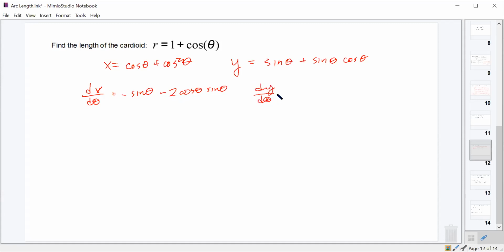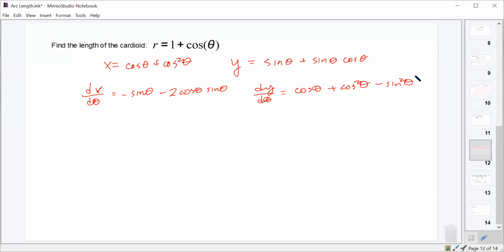Dy d theta gives us cosine theta, and then the derivative of sine theta cosine theta is cosine squared theta minus sine squared theta, or cosine 2 theta if you prefer. But since you guys said them that way, we'll leave them that way.